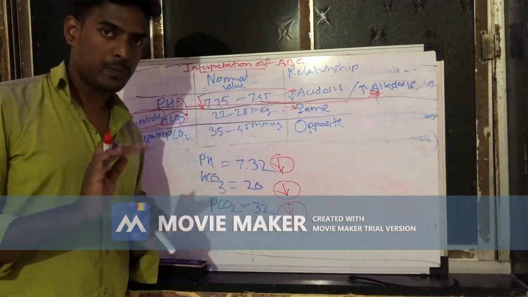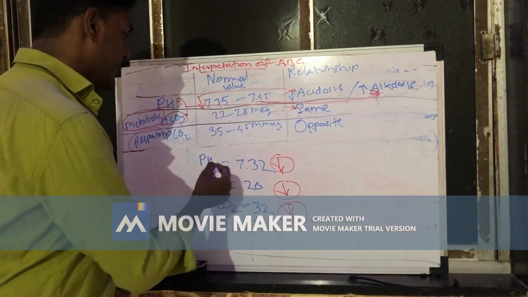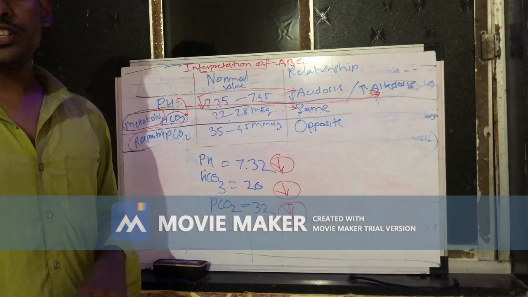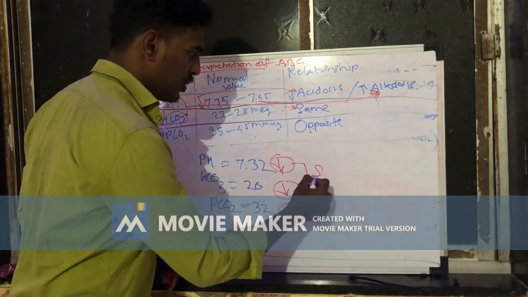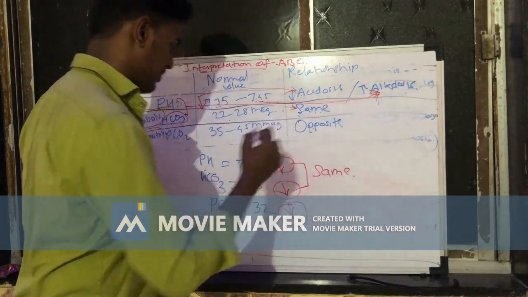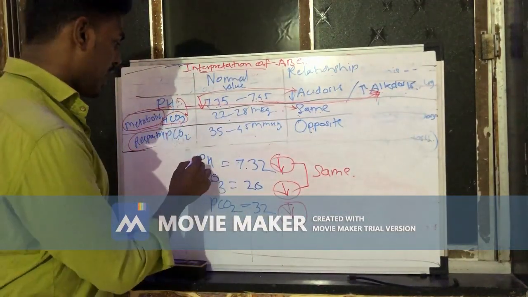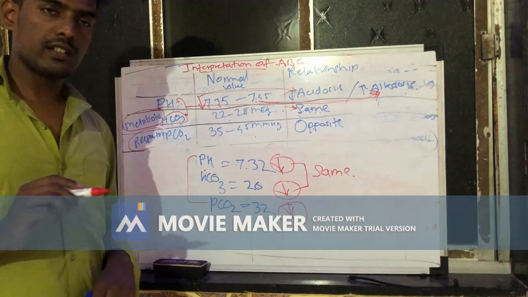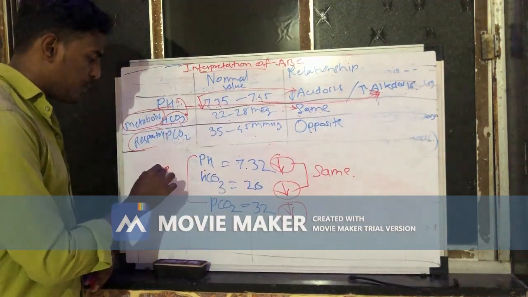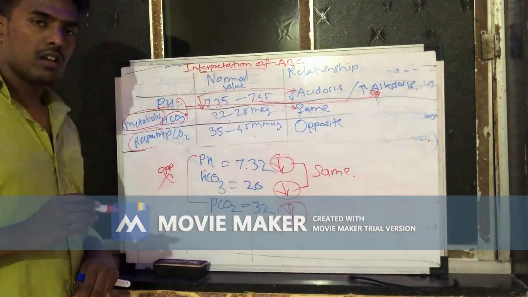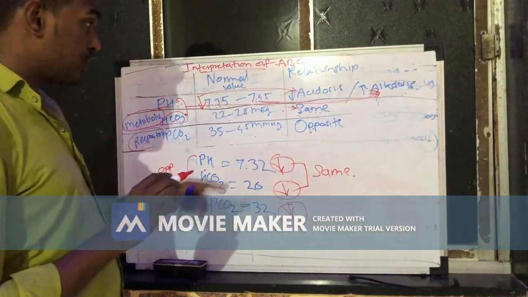Here the other component has changed its original place. We'll see how. Now we know pH and HCO3 should have which relationship? Same relationship. It's showing the same relationship? Yeah. pH and PCO2 should have which relationship? Opposite. Is it showing the opposite relationship? No, it's showing the same relation, but it should be opposite.